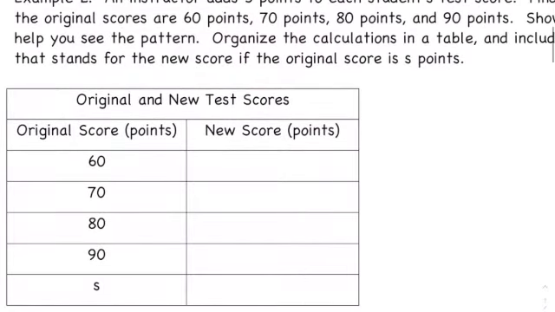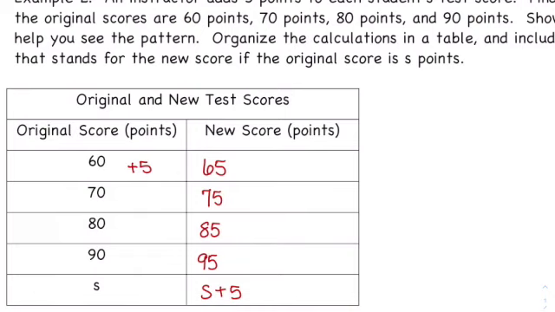There's absolutely no reason you cannot figure this out. Go ahead, fill out the blanks, and let's double check what we get for the last line. When you fill out the table, it should be just adding 5 to each score. And the very last line, because it's a variable S, the score is whatever is possible, and then you just add 5 points, and that is the whole chart.